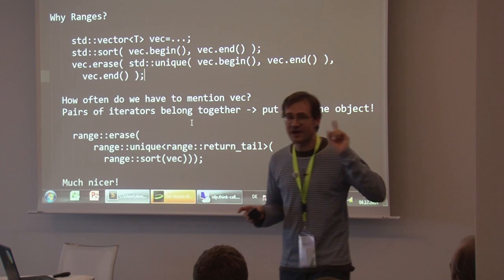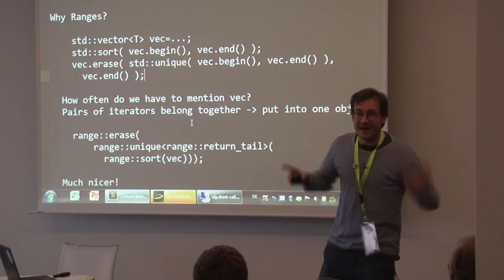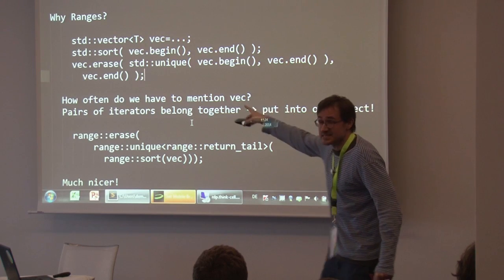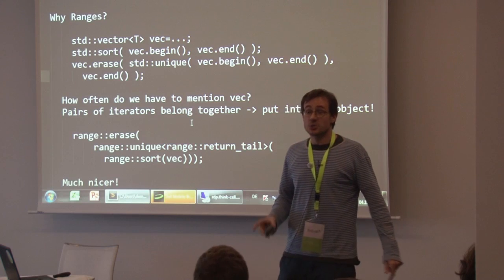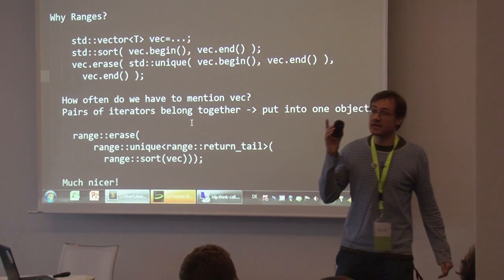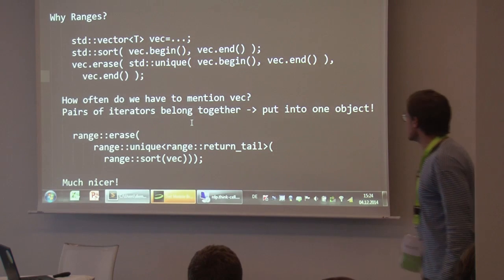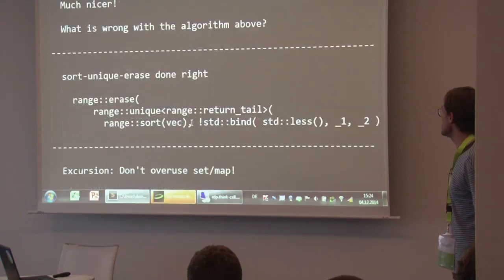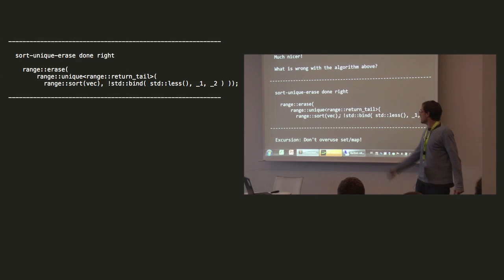If you have inconsistent equality and less operators, which may be a bad idea, but this is type T, right? You don't know anything about this thing, so you should be consistent. If you're using less for the sorting, you should use less for your unique. You just turn around the less, and you get your predicate for your unique operation.